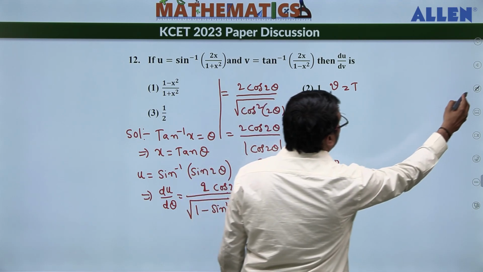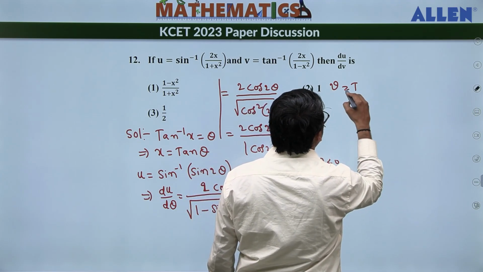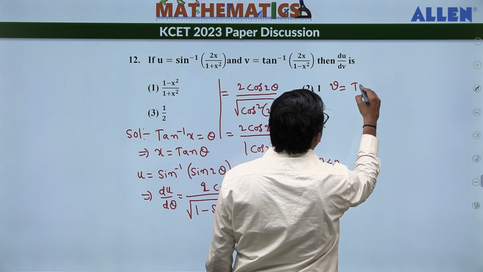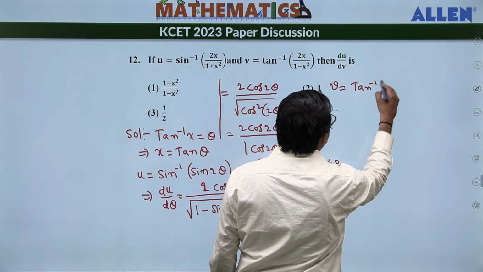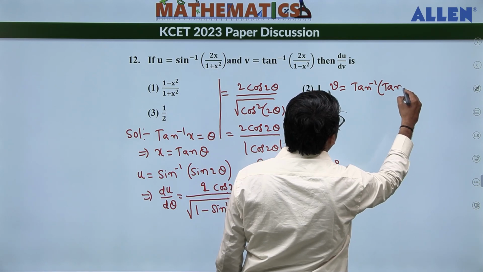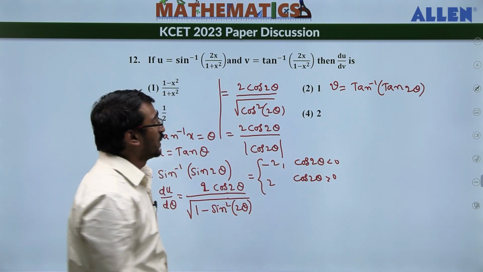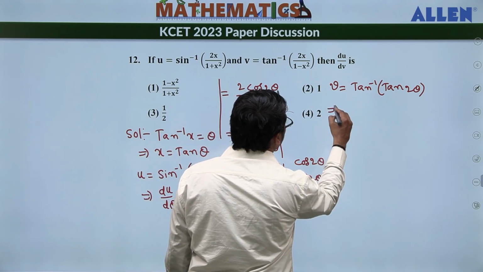Tan inverse of tan 2 theta. So what is dV by d theta?